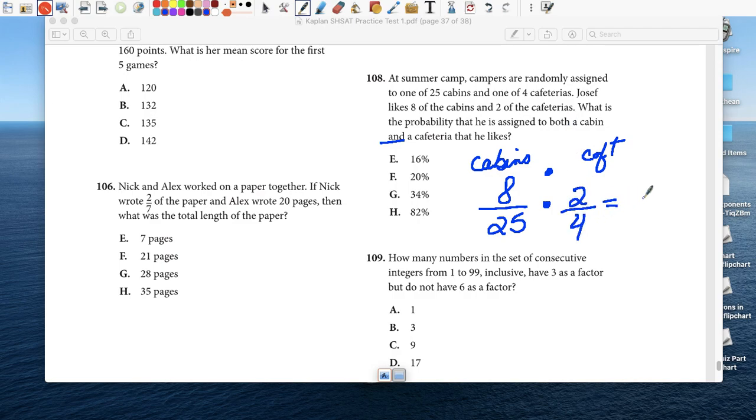There's a 2 out of 4 chance he gets assigned to a cafeteria he likes. And then what's the probability that both happen? So we have to multiply.